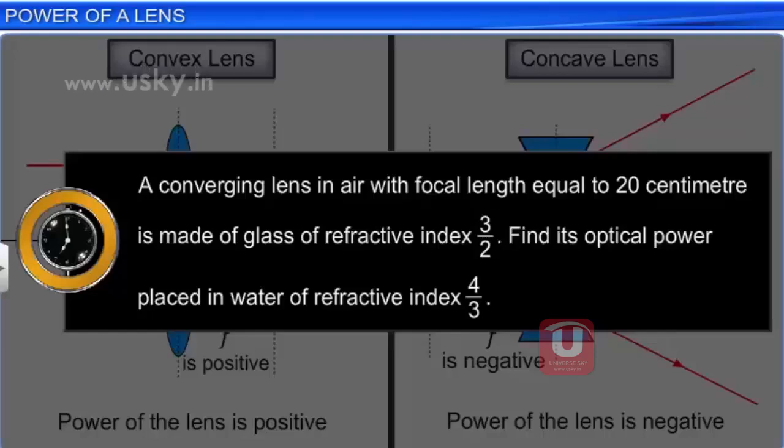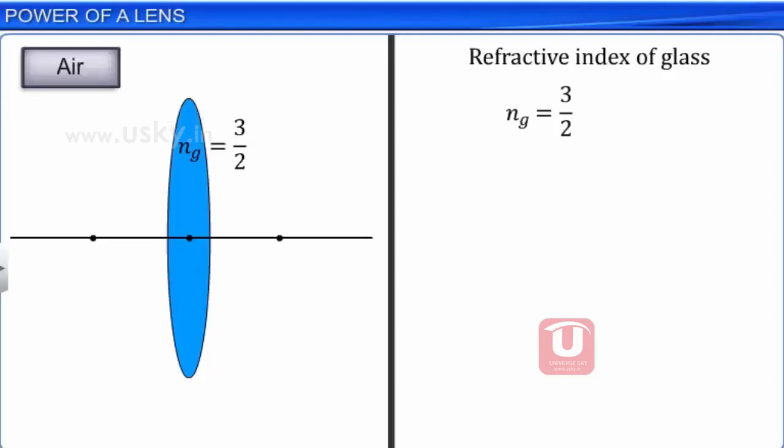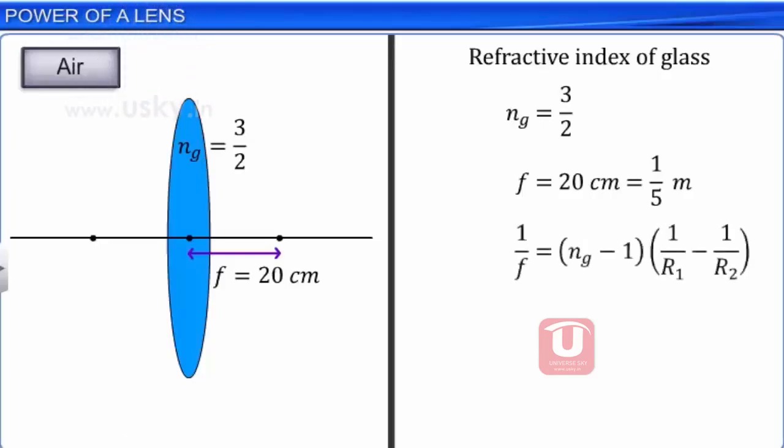According to the lens maker's formula, 1/f is equal to (Ng minus 1) into (1/r1 minus 1/r2). Substituting the values of f and Ng in the equation and on further simplification, we get 1/r1 minus 1/r2 is equal to 10 per meter. Let the focal length be f dash when the lens is placed in water.